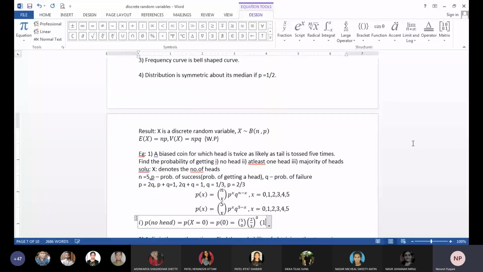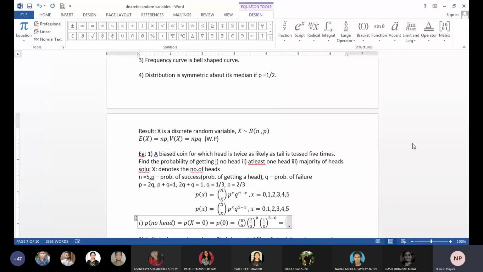Q is 1/3, so 1/3 raised to 5 minus 0. Right? This is my P of 0: NC0, P raised to 0, Q raised to 5 minus 0.